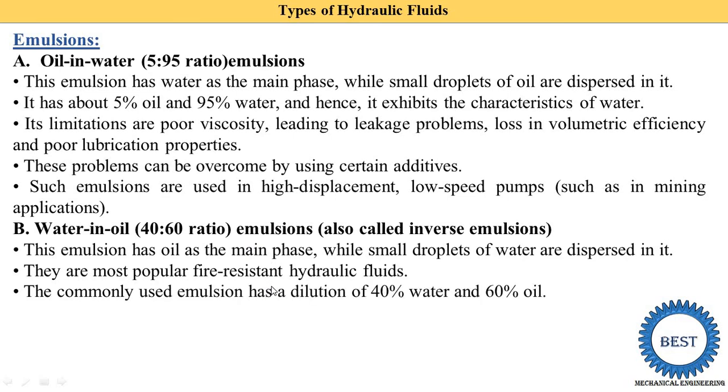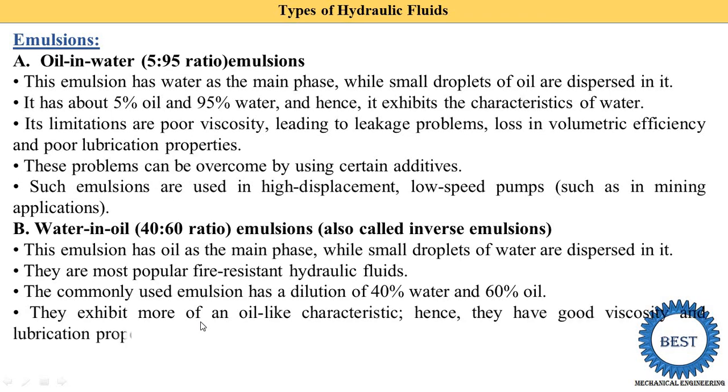The commonly used emulsion has a dilution of 40% water and 60% oil. They exhibit more oil like characteristics, hence they have good viscosity and lubrication property. Because of the majority portion of oil, they have the good properties of oil such as good viscosity and lubrication property.